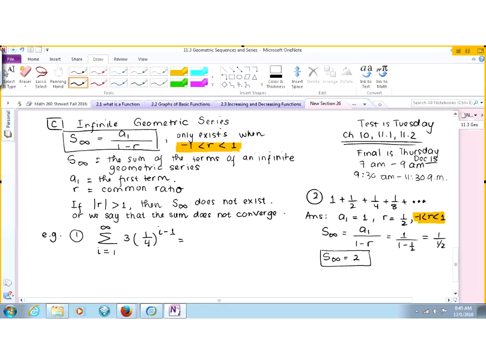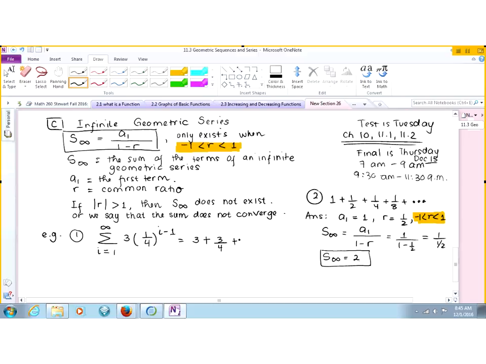How would you do this? Well, same thing. We will write the terms. When i is equal to 1, what do I have? 3, right? Yeah. When i is equal to 2, what do I have? 3 over 4, okay.